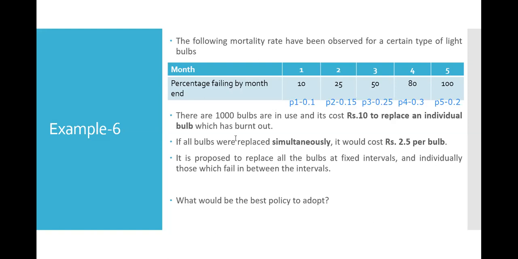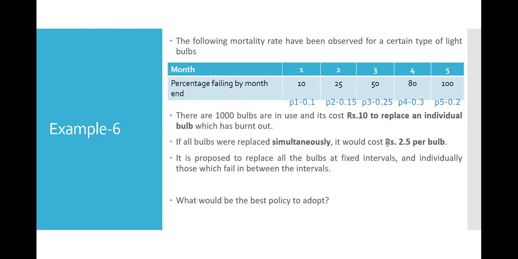Why is it so? Because we are purchasing all the bulbs in a bunch. You can see the difference in price. Individually, we bear a retail cost of 10 rupees, and if we purchase in bulk, which is the wholesale cost, it costs us a very small amount, 2.5 rupees per bulb.